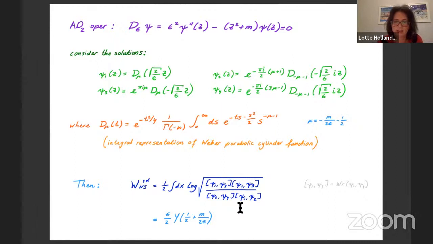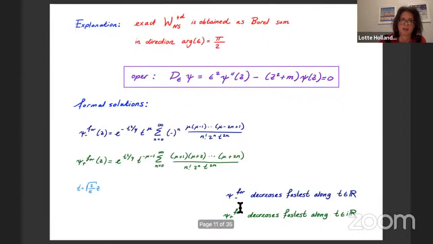Well, this is just to say that we can reformulate the superpotential in terms of these Wronskians of these particular solutions. But why is that the case? This is related, as Greg is saying, to Borel summing. So I want to explain how this is related to Borel summing. Look at this Schrödinger equation.